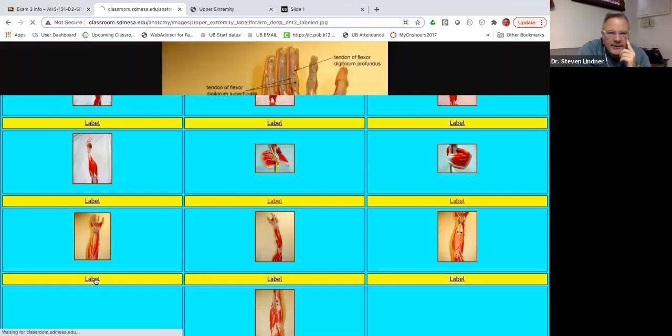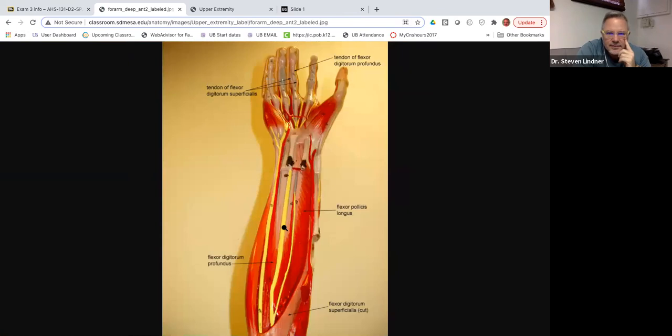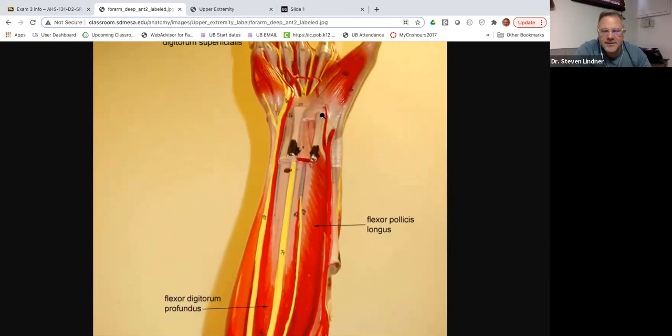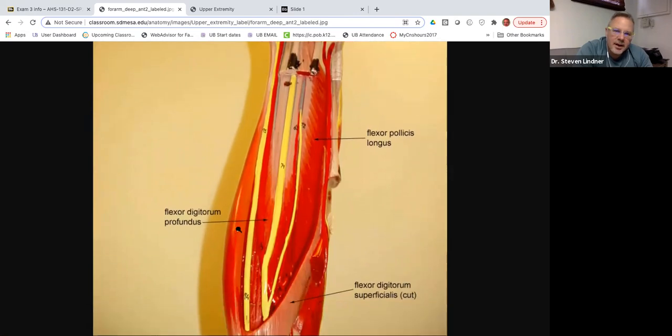Let's look at this version. Again, this tendon is Flexor Carpi Radialis. It's cut. Here's Palmaris Longus. It's cut. Here's the Flexor Carpi Ulnaris.